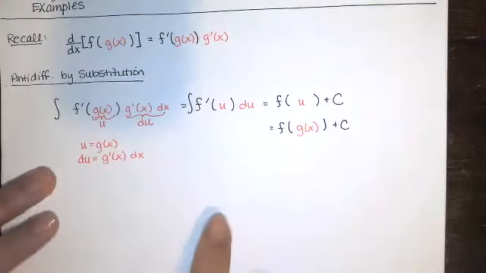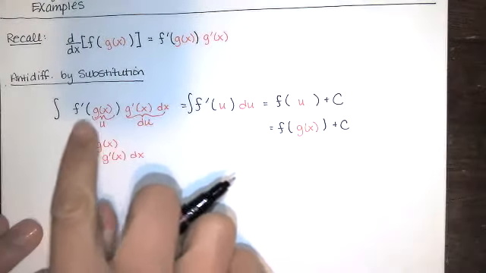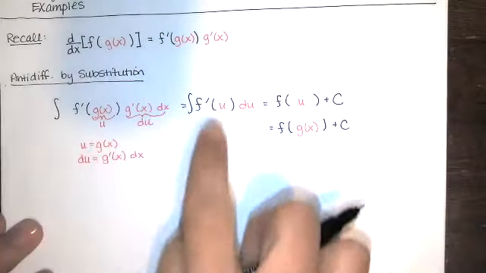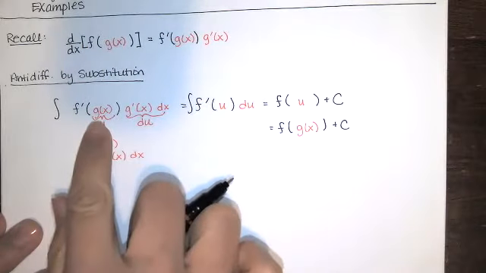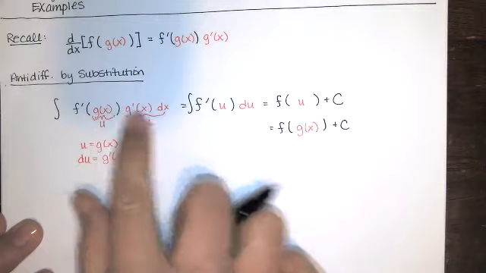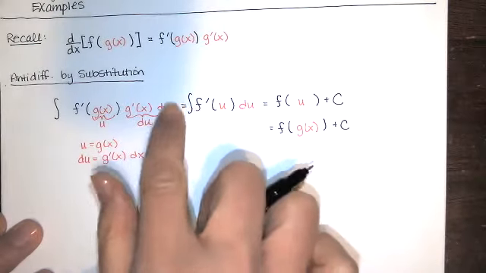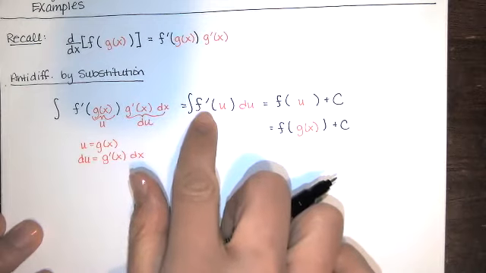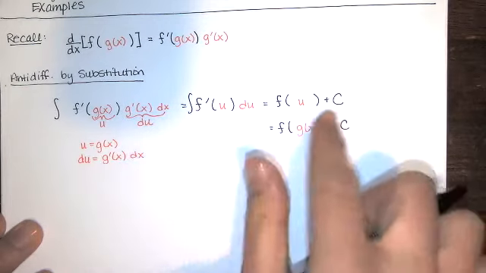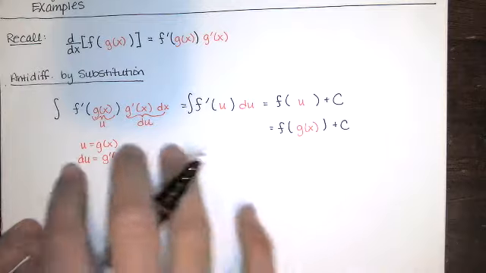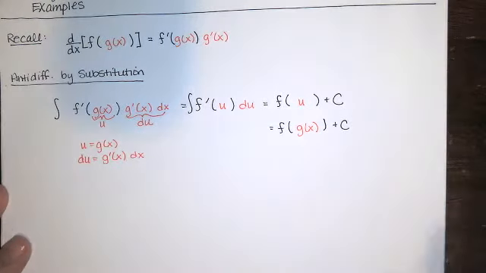So we can see through this process that it is that chain rule in reverse. We're identifying that inside function and its derivative, and then it becomes something that we hopefully have a rule for. Now we're taking the antiderivative of a derivative, and the antiderivative of the derivative gives us the function back, and then we back substitute. So that's how that works.